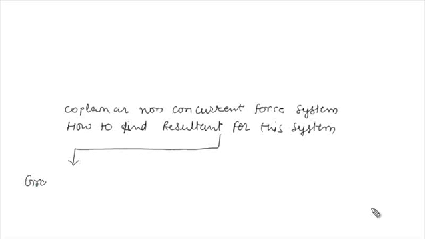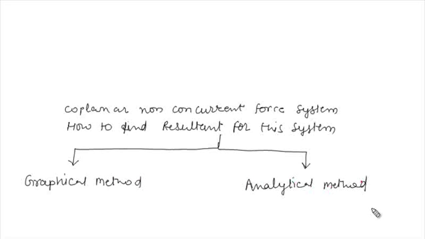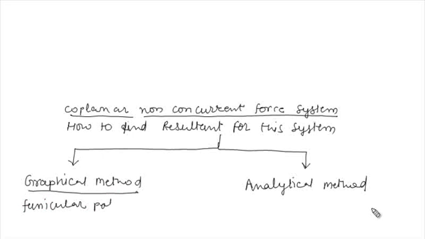One is graphical and the second one is analytical. So for a coplanar non-concurrent force system, the graphical method is the funicular polygon law of forces. So this one is the graphical method used for a coplanar non-concurrent force system.